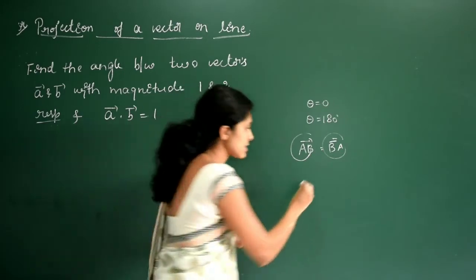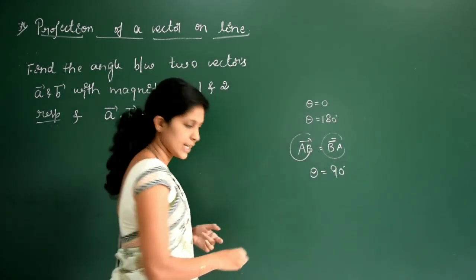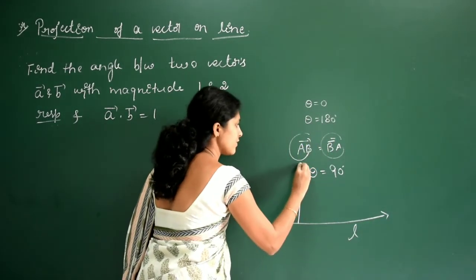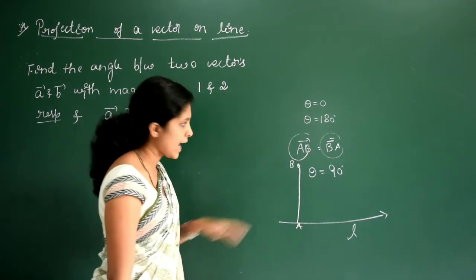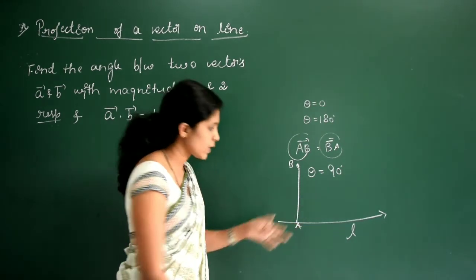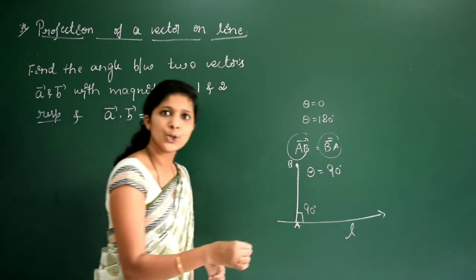If theta is equal to 90 degree, now can you say what happens? So this will be a directed line, and here this is the AB vector. Now I have to draw a perpendicular from here to here. It is not possible, right? Since the angle is 90 degree, cos 90 will be equal to 0.